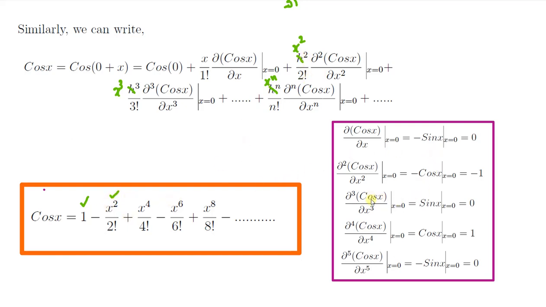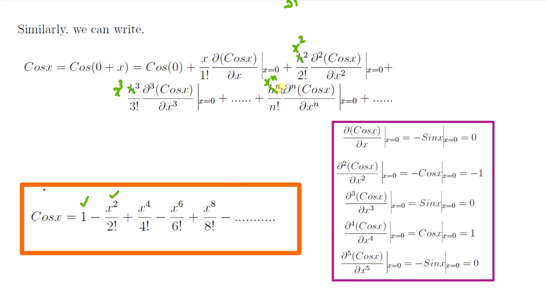Next term ∂³/∂x³ of cos x, when the derivative of cos comes, sin will come, so that will be 0. The x cube term will not come here. Then the fourth derivative, ∂⁴/∂x⁴ of cos x. The derivative of sin x comes here. This is cos x, so that is plus 1.